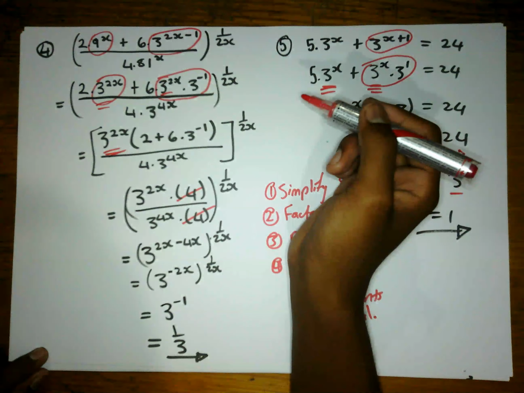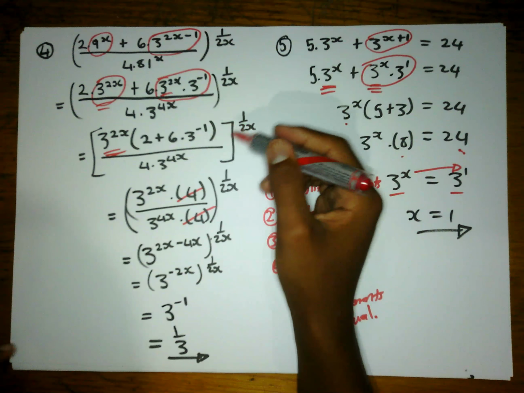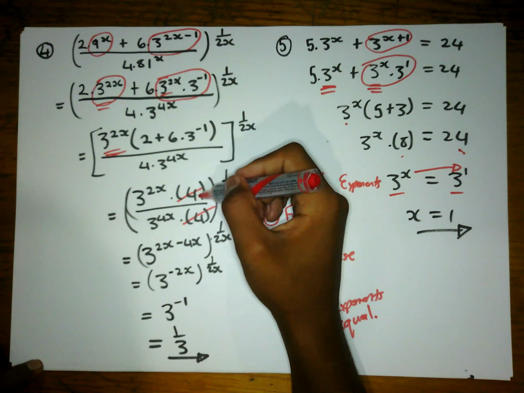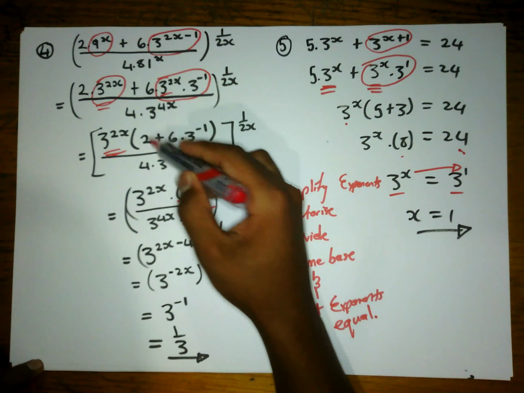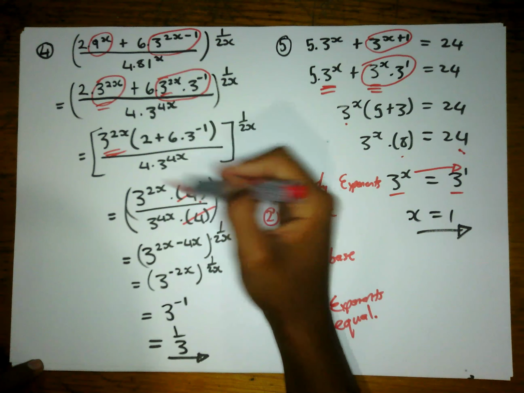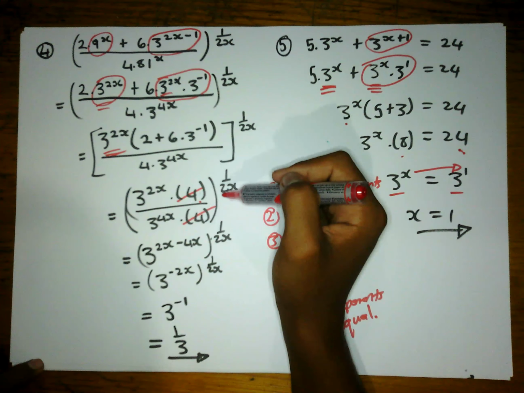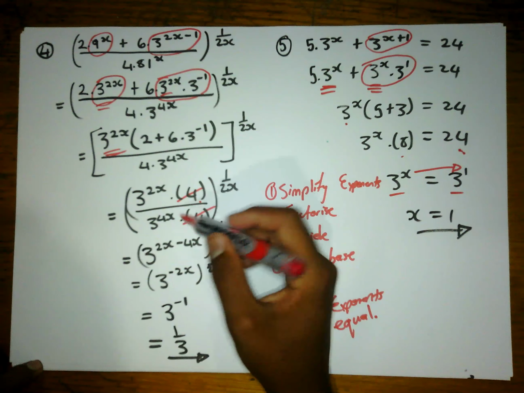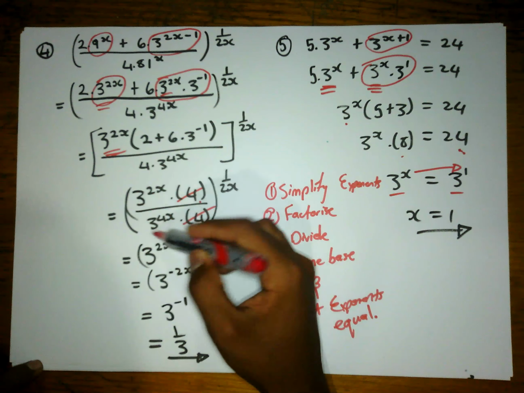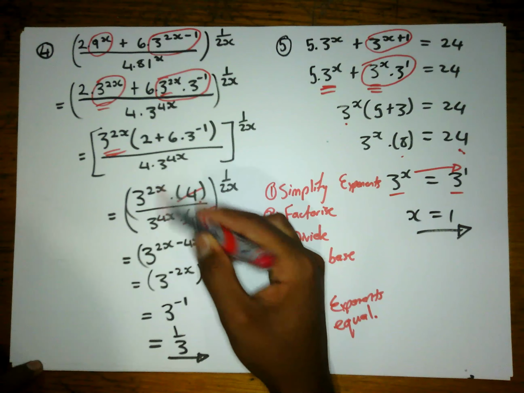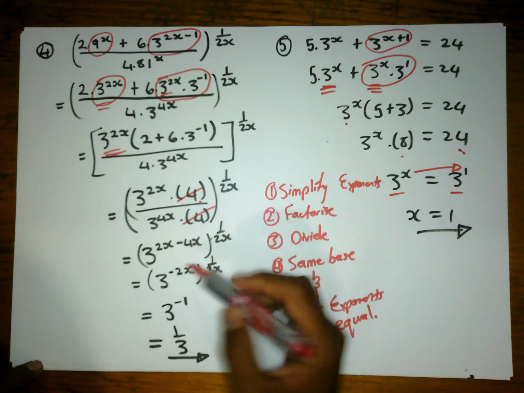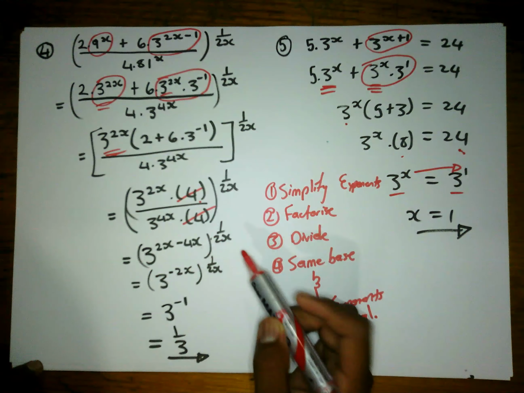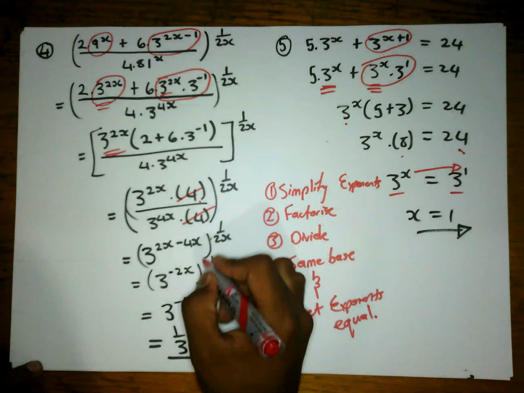We factorized. Then we carried on simplifying. So we got the 4. We simplified this. Got the 4. Then we cancelled out. Divided, basically. Then we simplified this by bringing it up and down the fraction, like this. We multiplied this in on the last step.